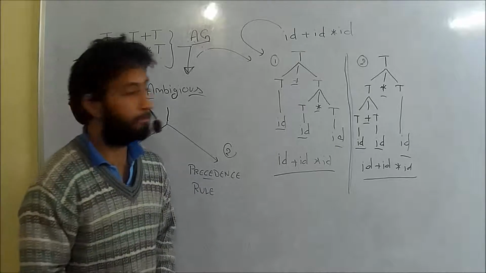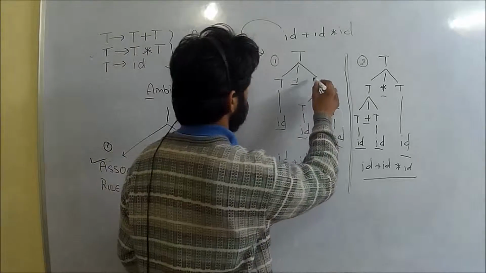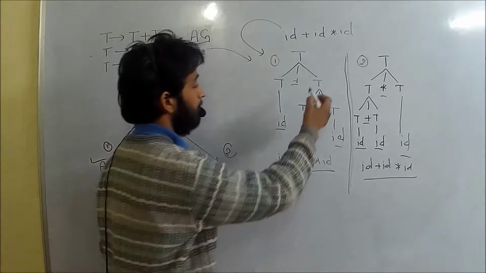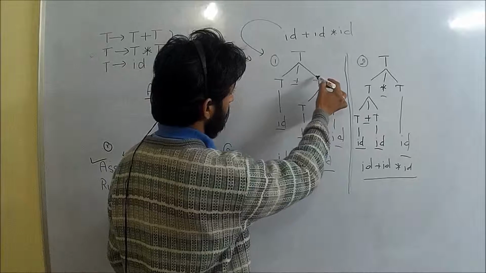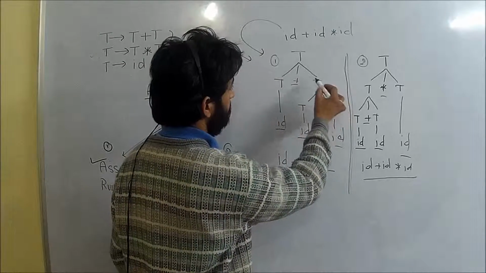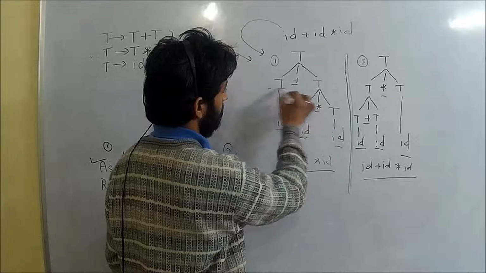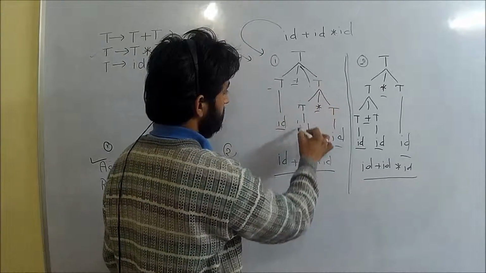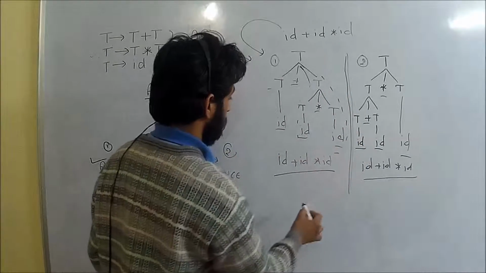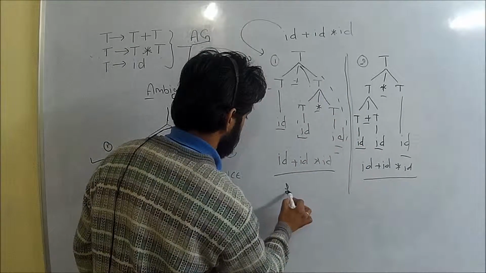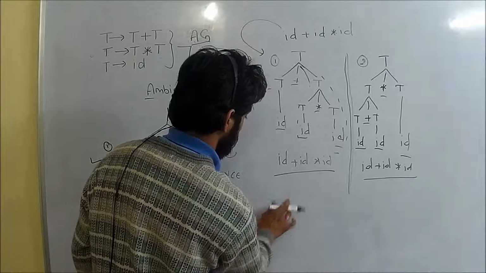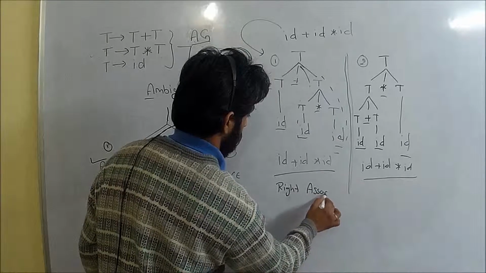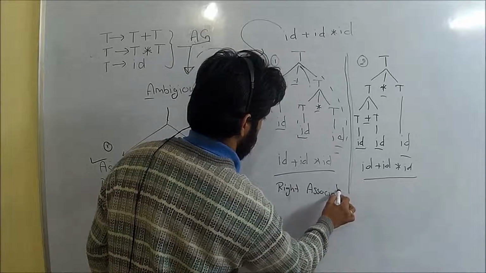One thing you have to note is that if the parse tree is expanding itself along its right side, T derives, then this one is right associative.